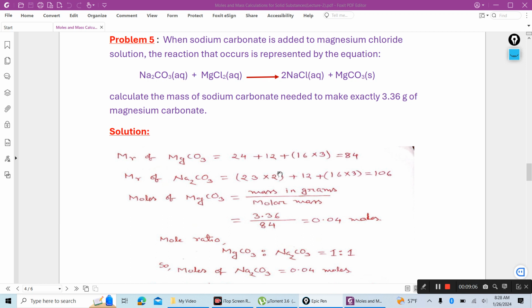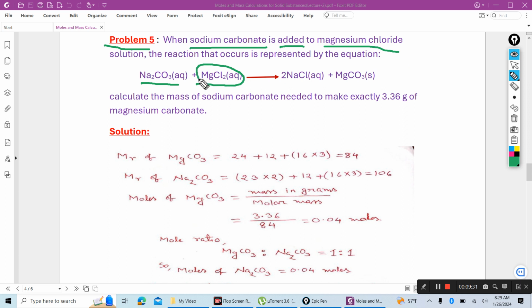Come to the next problem. Problem 5. When sodium carbonate is added to magnesium chloride, the reaction that occurs is given below.